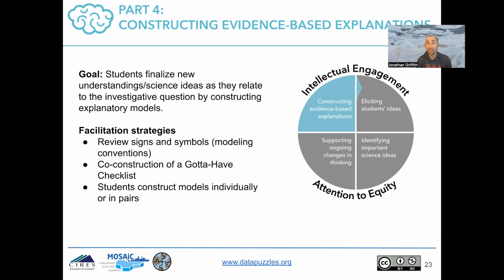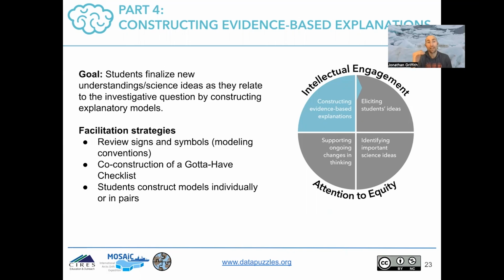For this practice, we really need to help students understand what a scientific model is and what the different signs and symbols, modeling conventions, are that can be useful in connecting different parts in a model. We have students construct a gotta have it checklist before constructing their final model. Given that students have engaged with an opening scenario, a reading, and some data analysis work, there's a lot for them to take stock of.